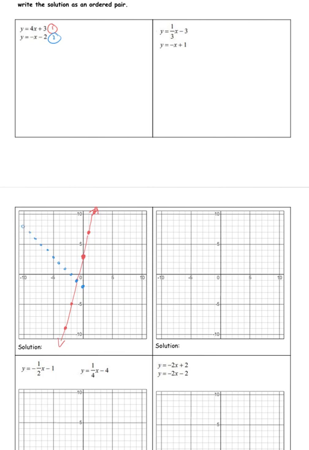To finish off, I have to go down 1 to the right 1. Going to connect my points as best as possible.